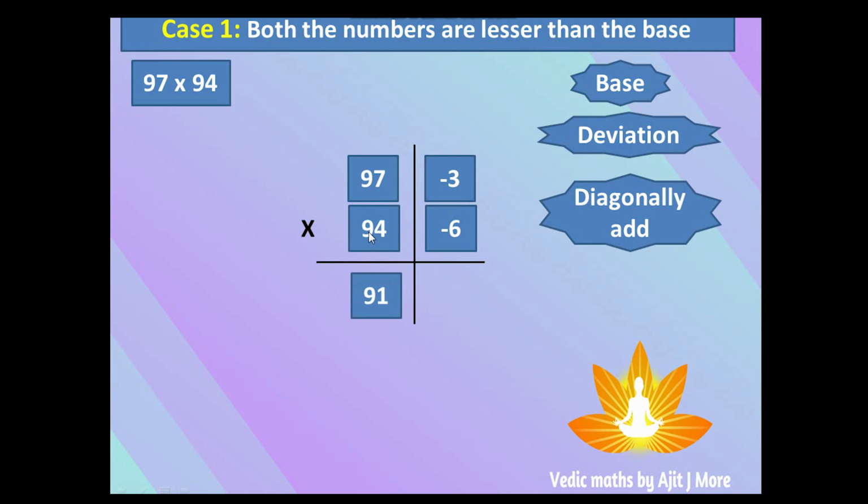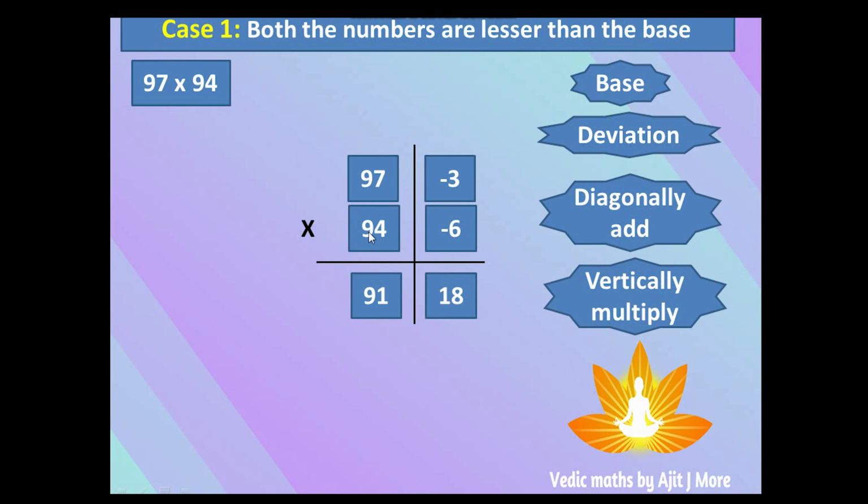And the second part is vertically multiply the deficiency. That is minus 3 into minus 6 is 18. And 18 is 2 digits, and in your base also there are 2 zeros. Nothing is overflown, so keep it as it is. Combine this, that is your solution.